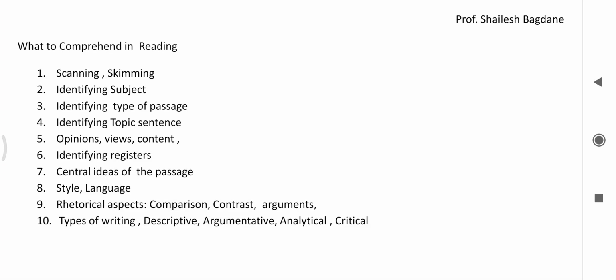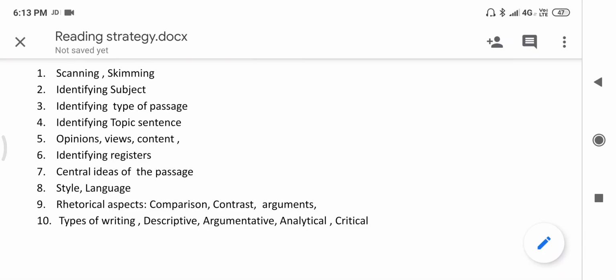Then we have to skim the passage. Skimming stands for jumping from point to point, the major points, the words that give us the idea about the subject. If science is the field, your eyesight will stop at the scientific words.